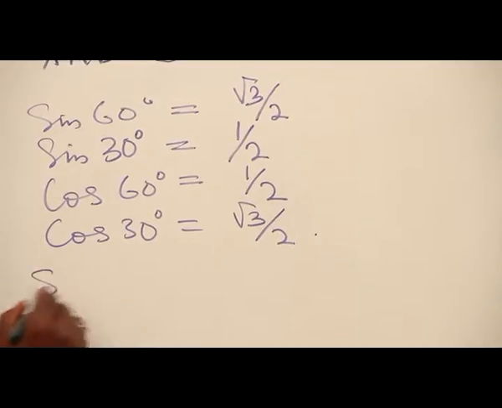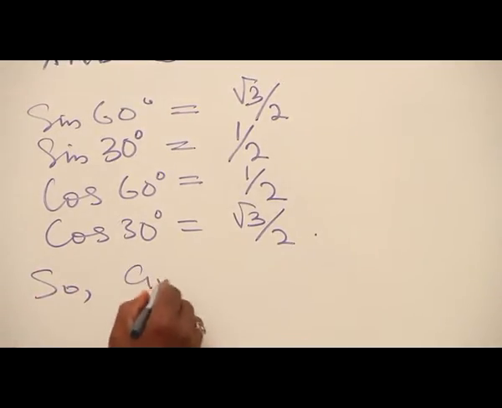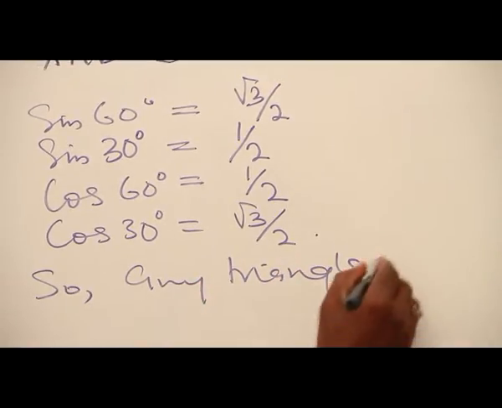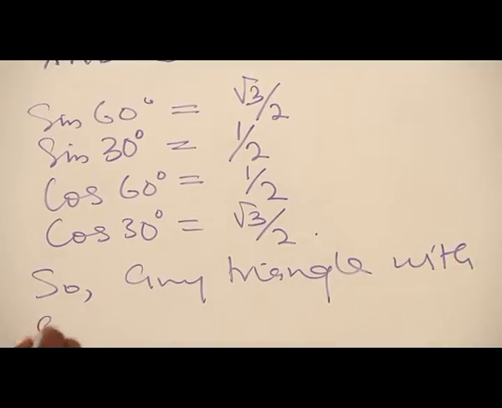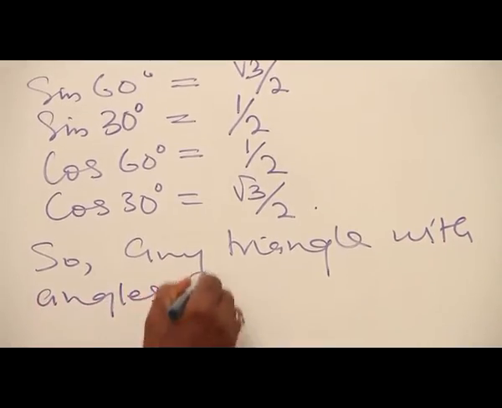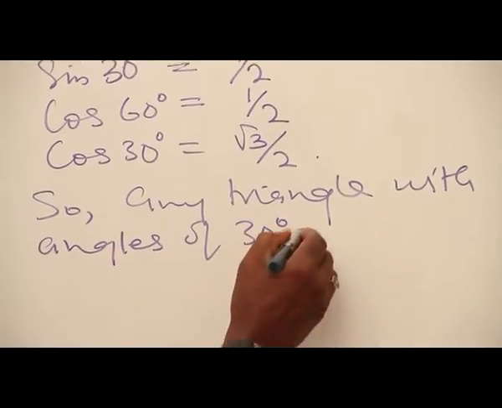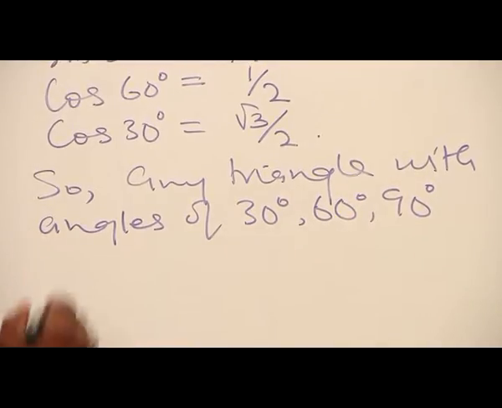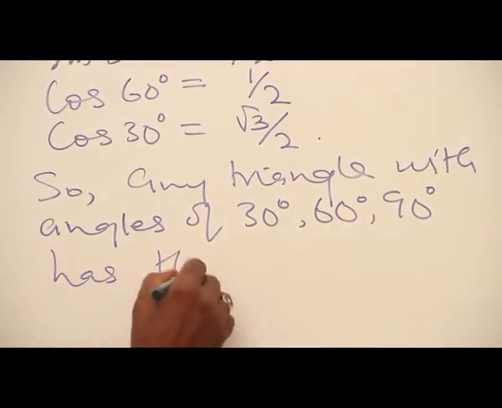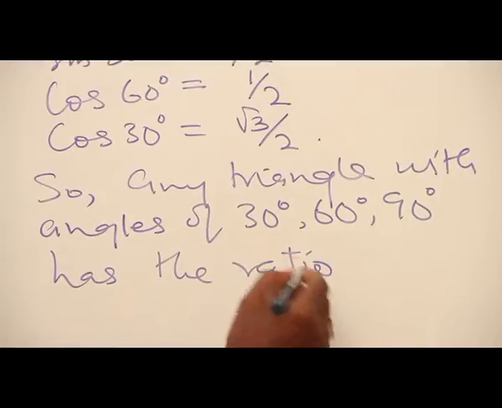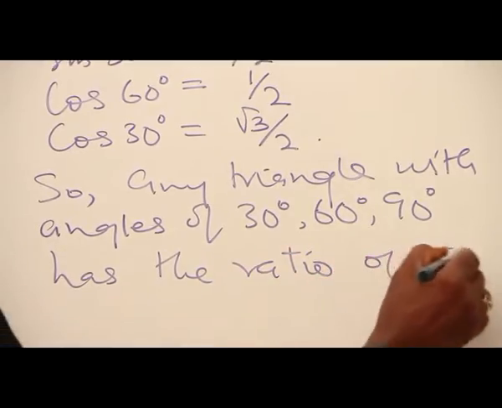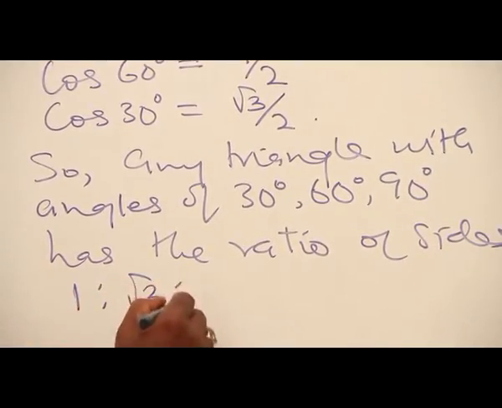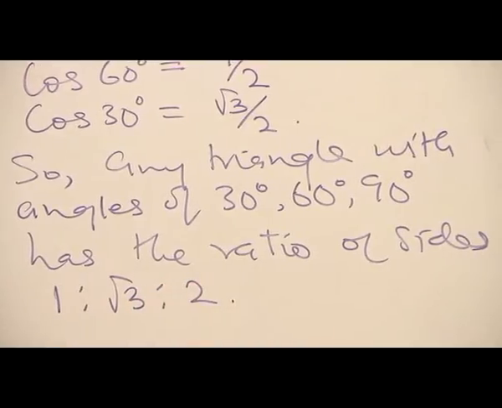Conclude that any triangle with angles of 30 degrees, 60 degrees, and 90 degrees has the ratio of sides equivalent to 1 : root 3 : 2.